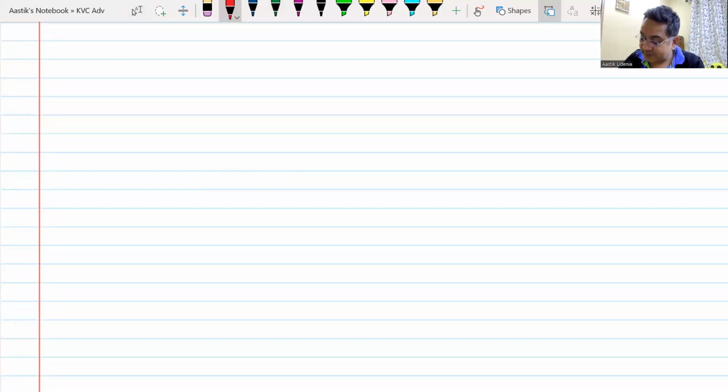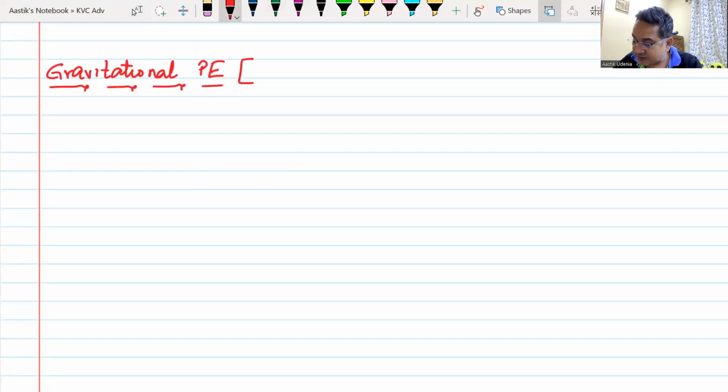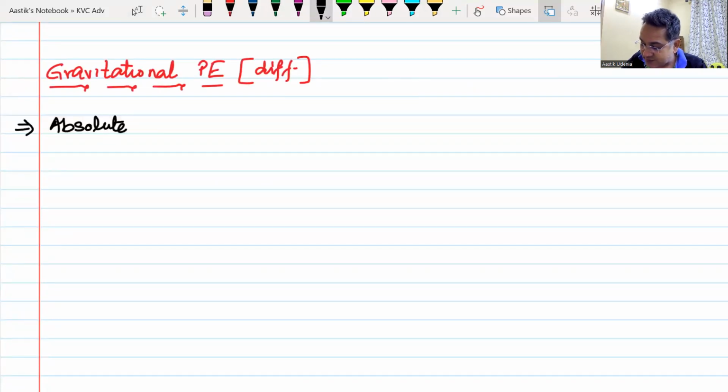the next heading is gravitational potential energy. Now, from gravitational potential, we jump on to gravitational potential energy. Actually, it is not gravitational potential energy, but gravitational potential energy change or difference, because the absolute value of gravitational potential energy is not defined. That is the first thing that you must understand.